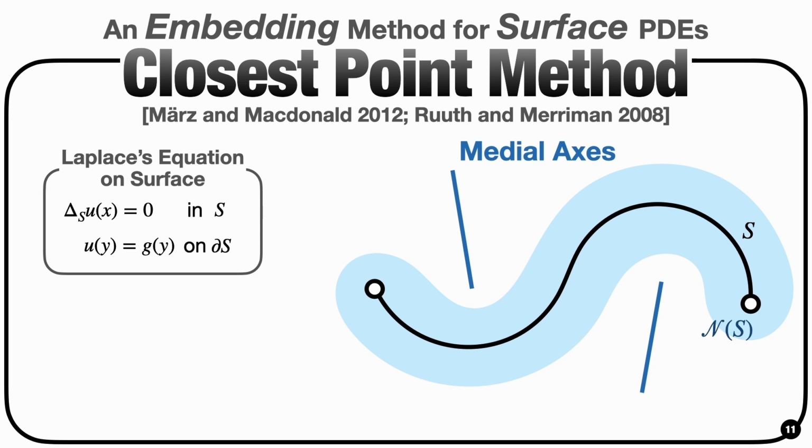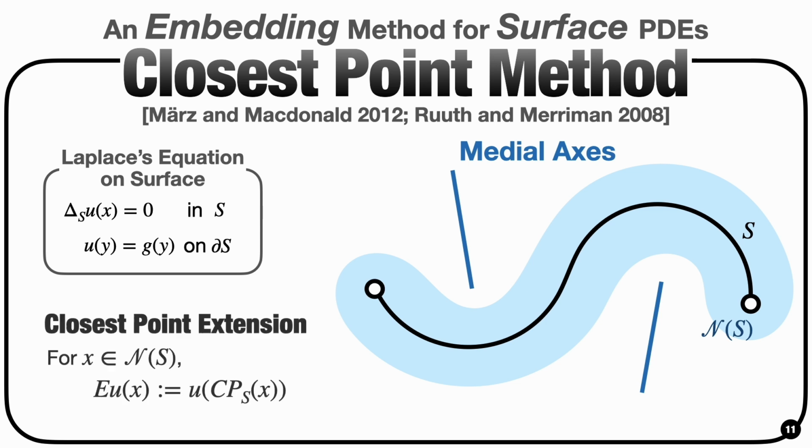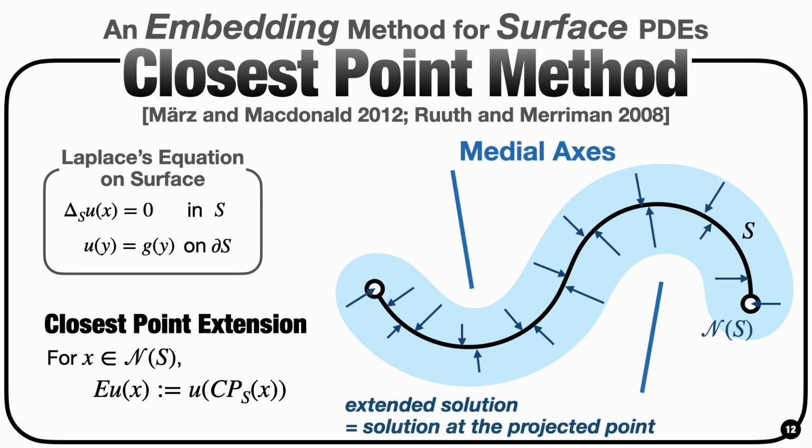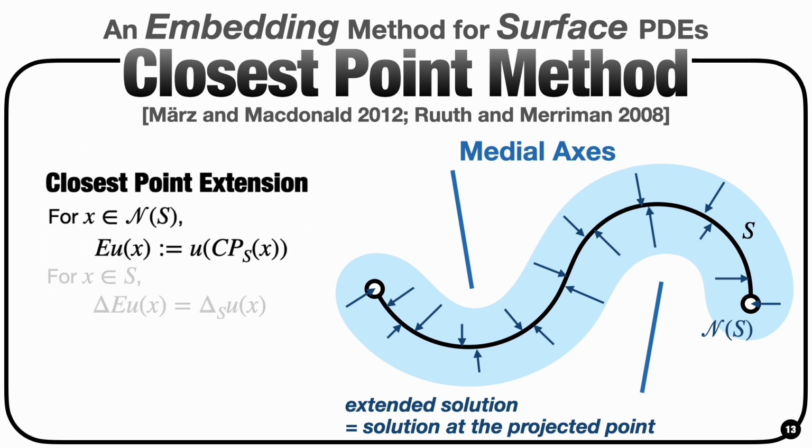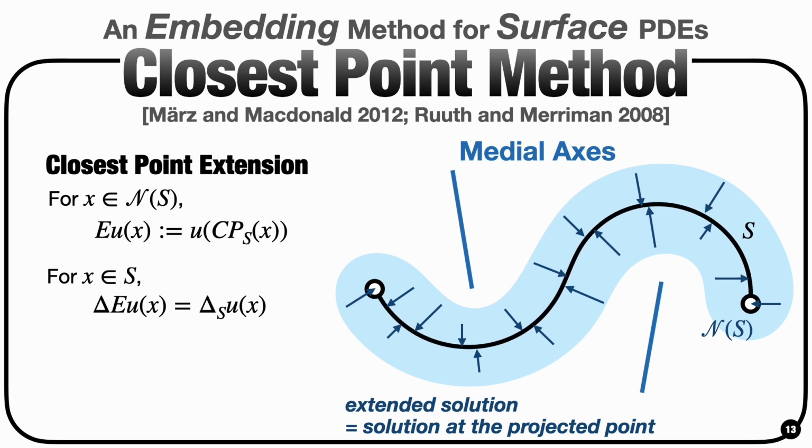Then, we introduce the closest point extension, which extends the solution on the surface to this neighborhood embedding space. We define the extended solution EU in the embedding space to be equal to the solution on the surface at the projected point. With this closest point extension, we find some nice properties, which is that on the surface, the volumetric Laplacian applied to this extended solution is equal to the surface Laplacian applied to the original solution defined on the surface.